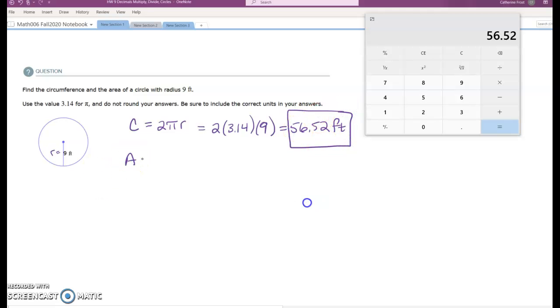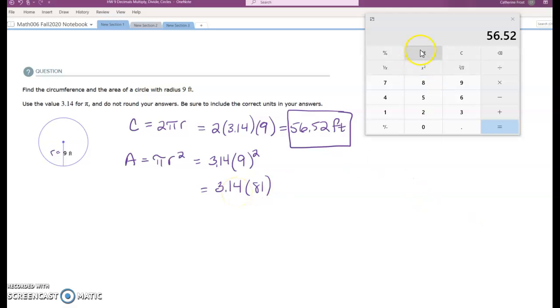So for area, pi r squared. Now we already know r is 9. We don't need to divide it by 2 or anything like that. So we're going to do 3.14 times 9 squared. And I'm going to do the 9 squared by hand so I don't have to put as much in my calculator. So it's 3.14 times 81.